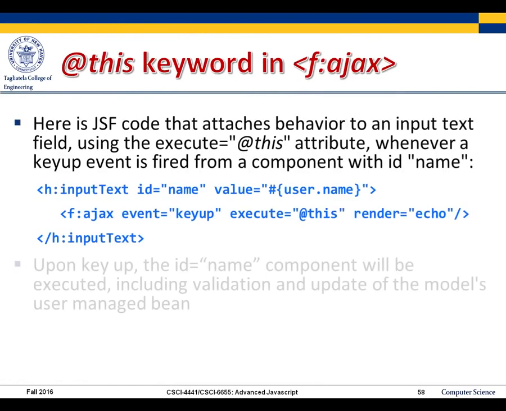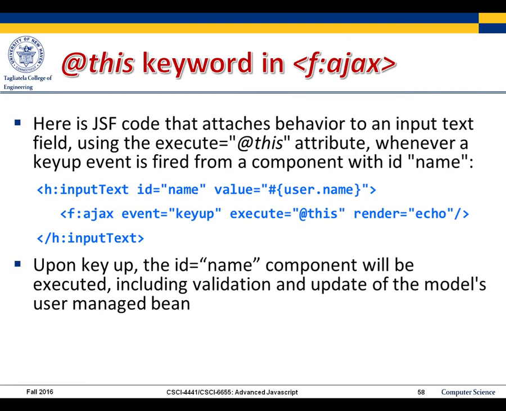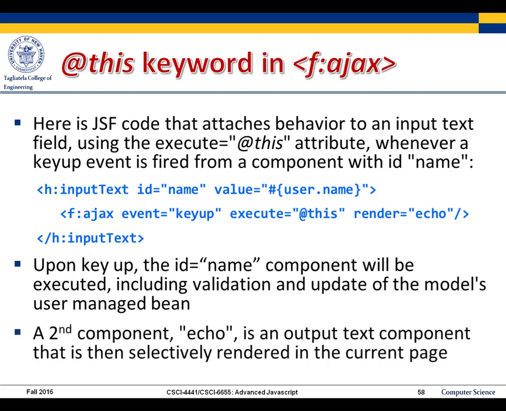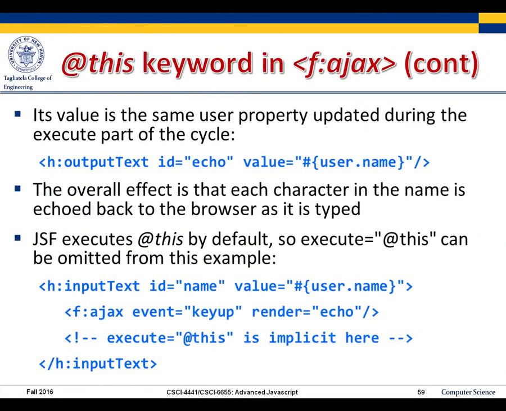Here's the echo that I was telling you about. So this is another example of the same idea, where I specified the execute. If you left that out, it's exactly the same thing in this case. ID equals echo.